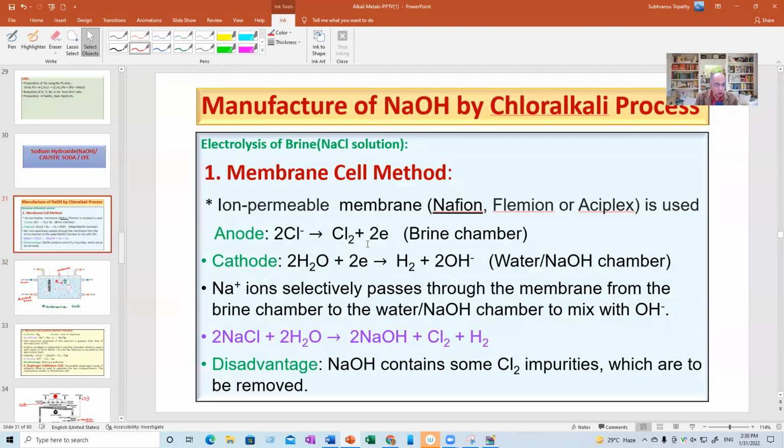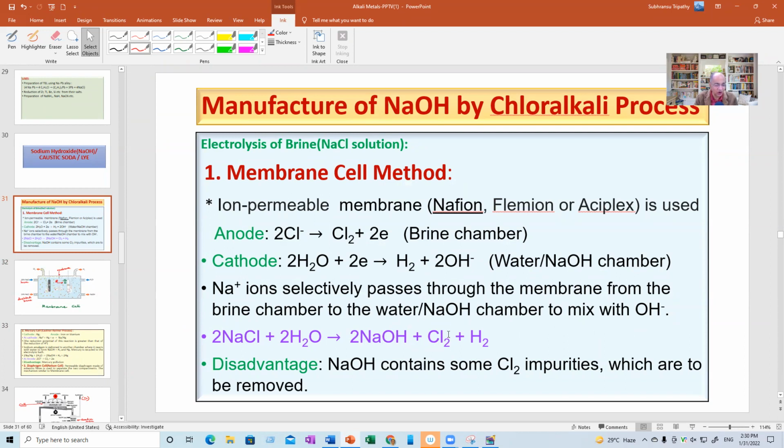Chlorine is formed at the anode in the brine chamber, and hydrogen is formed at the cathode in the water NaOH chamber. And Na plus selectively passes through the membrane from the brine chamber to the water NaOH chamber to mix with OH minus. And this is the overall cell reaction. The brine with water gives you NaOH that ultimately is found in the cathode compartment.